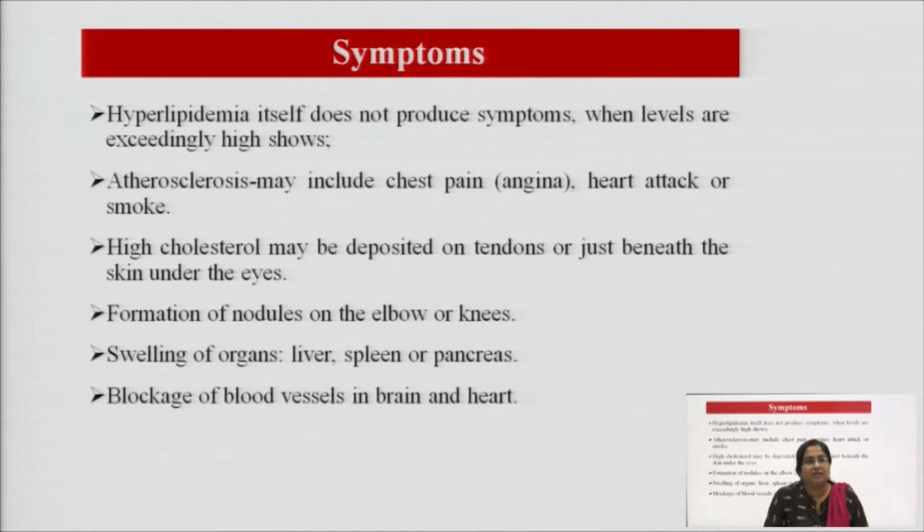If a person is suffering from chest pain or heart attack or stroke, the first thing the doctor tests the patient for is atherosclerosis. What happens in atherosclerosis? The arteries get clogged by a lipid layer.